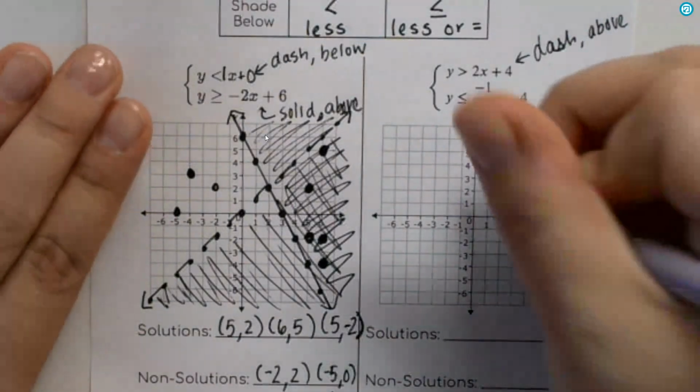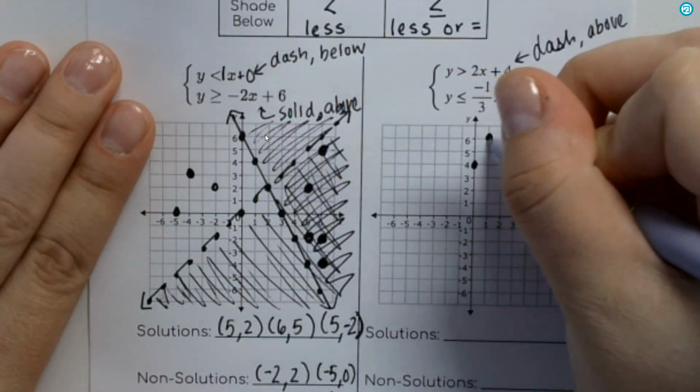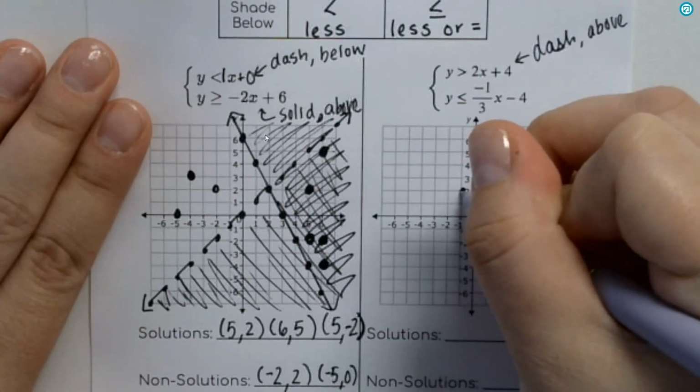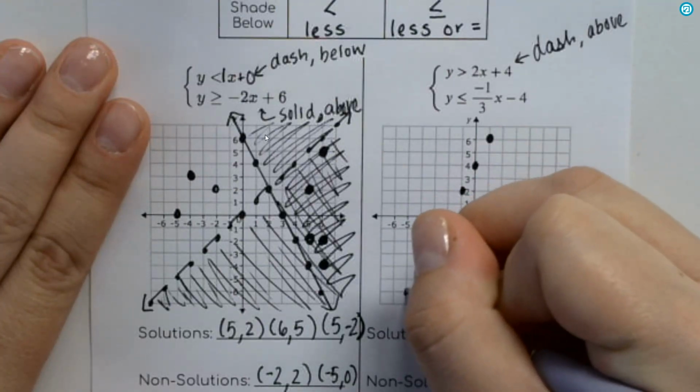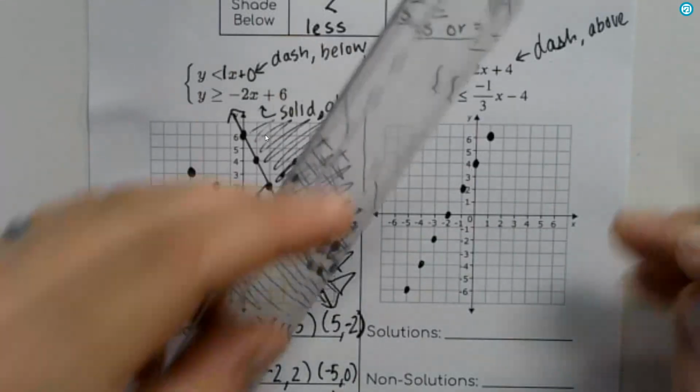So y is greater than 2x plus 4. I'm going to start at 4. My slope is 2, so I'm going to go up 2, right 1. I can also go down 2, left 1. I should, because I want my graphs to go all the way across my coordinate plane. Okay, and then I'm going to do a dashed line.